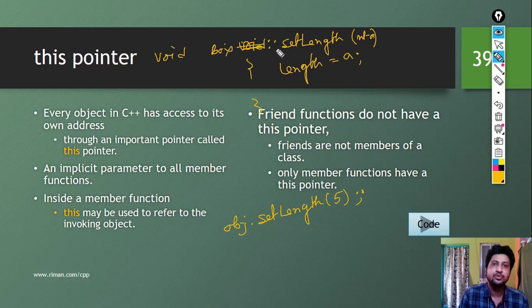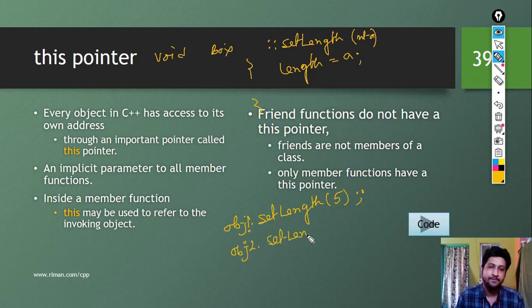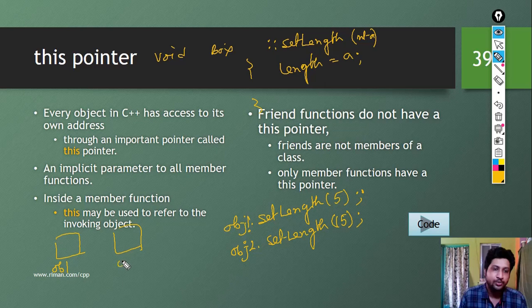So Box scope resolution operator set length. Suppose this is the function, and whenever we call this function with object 1 and object 2, suppose this is 15, what will happen in memory? Here will be object 1 and here will be object 2.